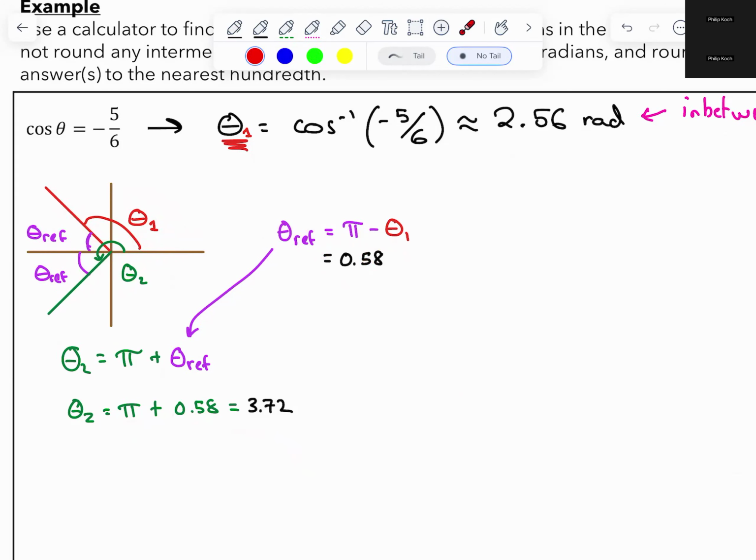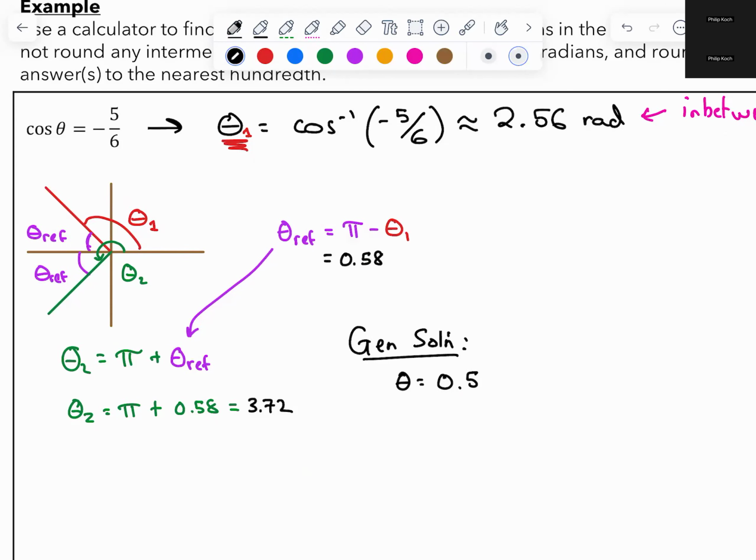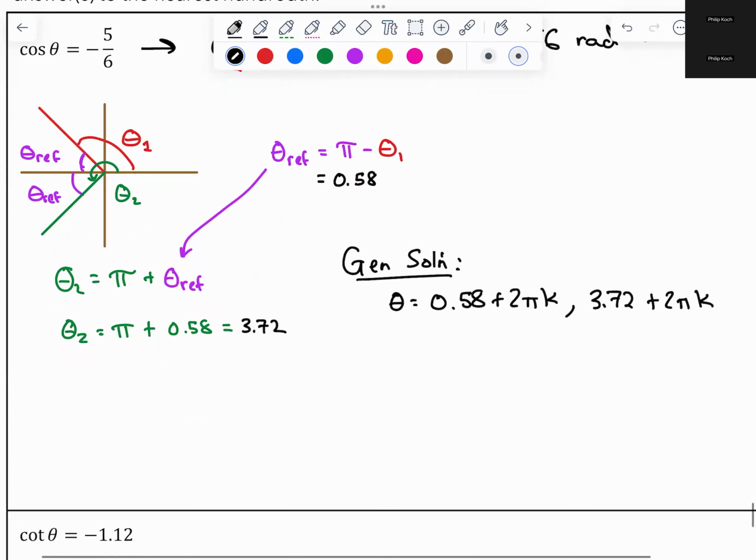So the general solution is theta equals 0.58 plus 2 pi k and 3.72 plus 2 pi k. I'm only doing this because what if this was a problem where it wasn't cosine of theta? What if it was cosine of 2 theta? Or cosine of 1/2 theta? How will we find it then?